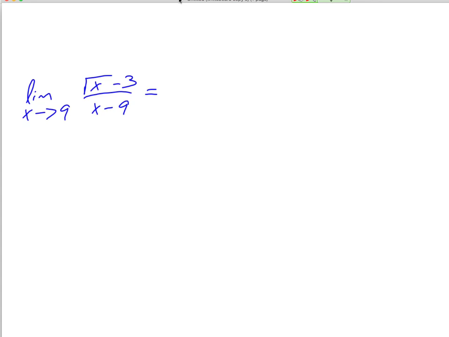What do we do when we have a binomial and it has a radical in it? The conjugate. We want to multiply by the conjugate when we have a binomial that has a radical in it. So, we want to multiply by the square root of x plus 3.